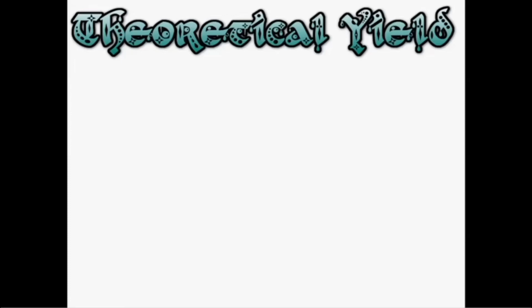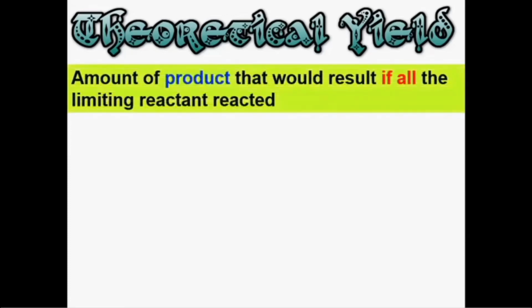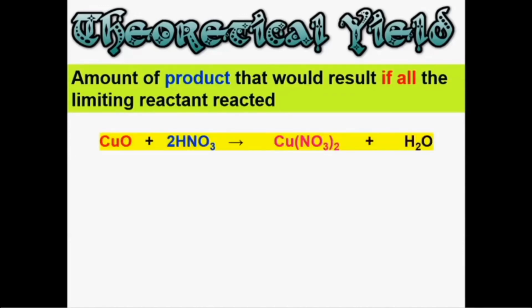Theoretical yield is defined as the amount of product that would result if all the limiting reactant reacted. For example, let's use this equation once again, the problem that we are discussing right now. From the balanced equation, we know that 1 mole of copper II oxide reacts with 2 moles of nitric acid to produce 1 mole of copper II nitrate and 1 mole of water.